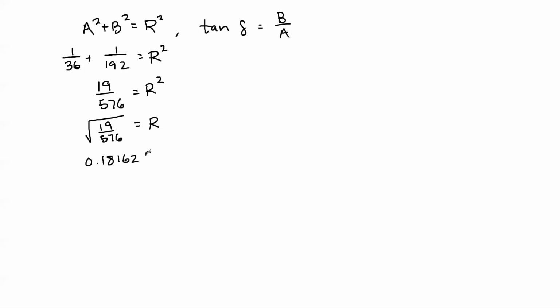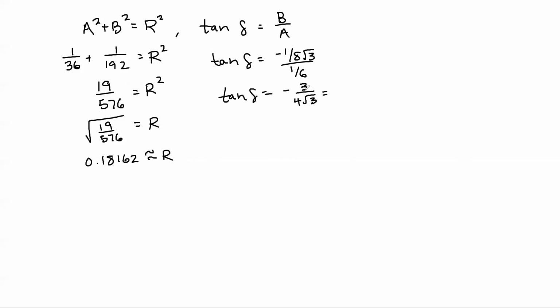0.18162 is approximately r. And then you can go through and use tangent of delta. So we have b is negative 1 over 8 root 3, a is 1/6. This simplifies into negative 3 over 4 root 3.